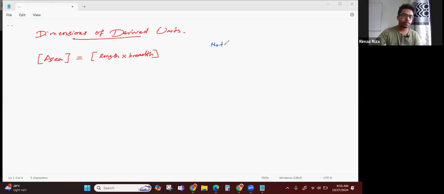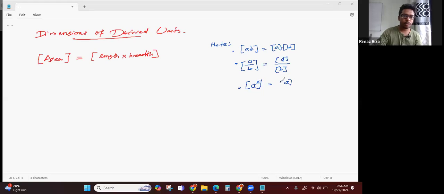The dimension of AB we can write as dimension of A times dimension of B. And then the dimension of A divided by B is dimension of A divided by dimension of B. And then the dimension of A squared is equal to dimension of A, squared.